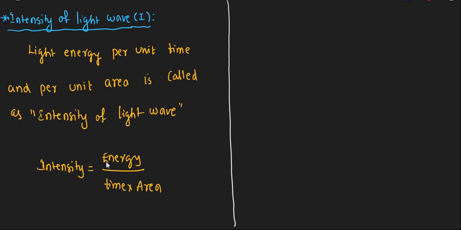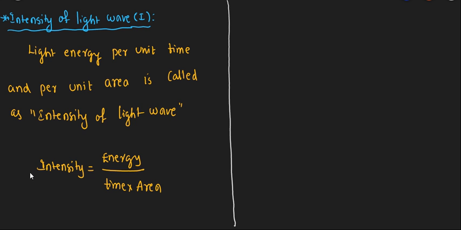Energy per unit time per unit area. That means light energy is traveling through a window. Let us consider light is entering into a room through a window. Then how much light energy is entering per unit time per unit area through the window area, that is the intensity of light entering into our room.